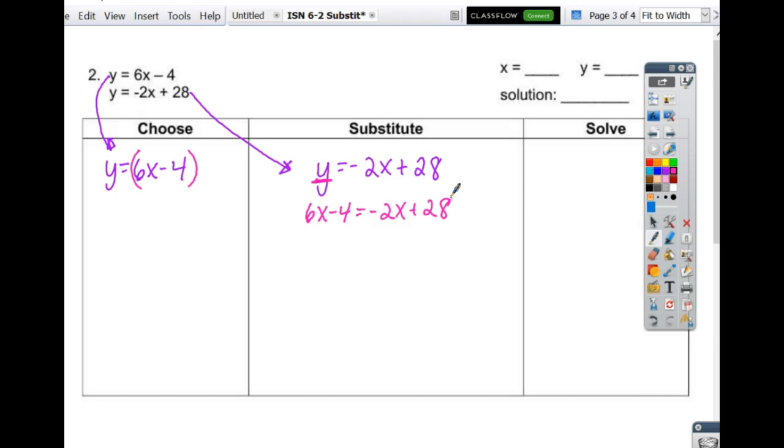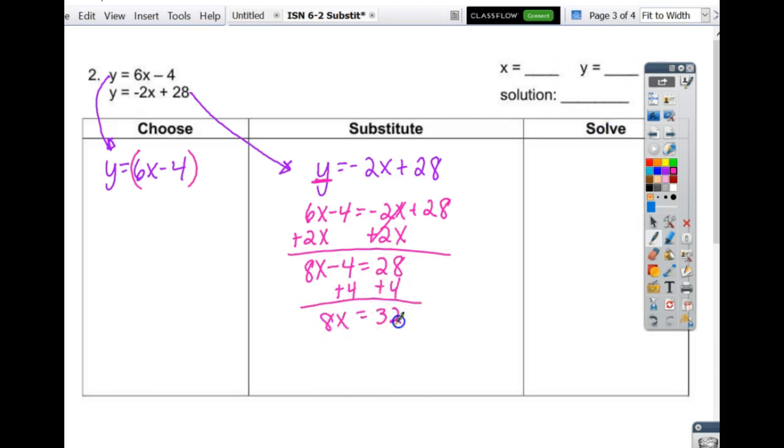Variables on one side, numbers on the other. So I'm going to add 2x. So I get x is 4.